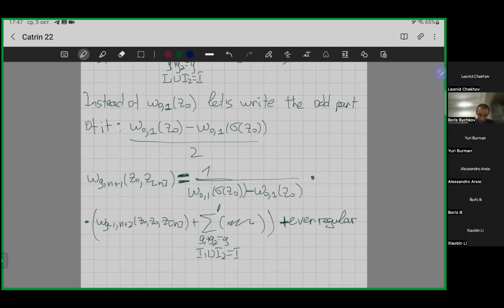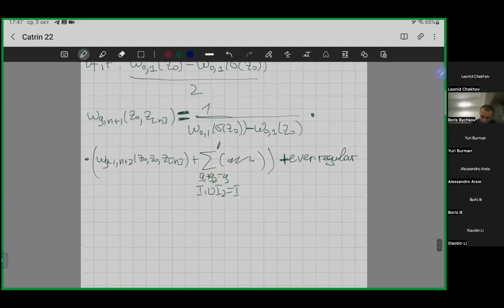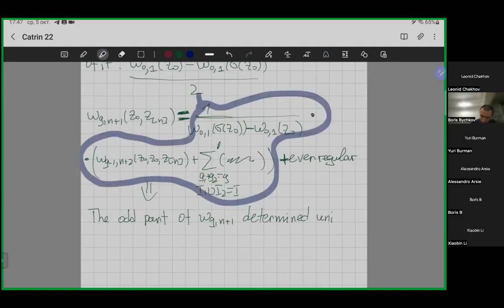So what we finally obtain here is that we know a lot about the omega G,Ns. The odd part of omega G,n plus 1 is determined uniquely by this quadratic loop equation, by induction.